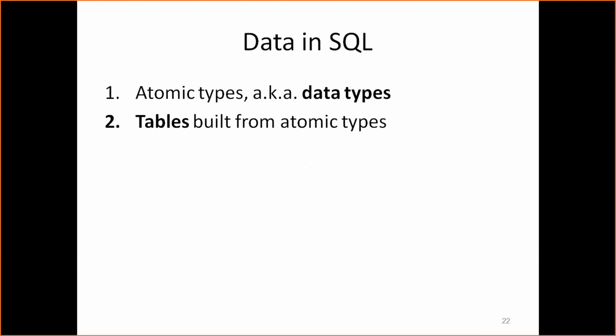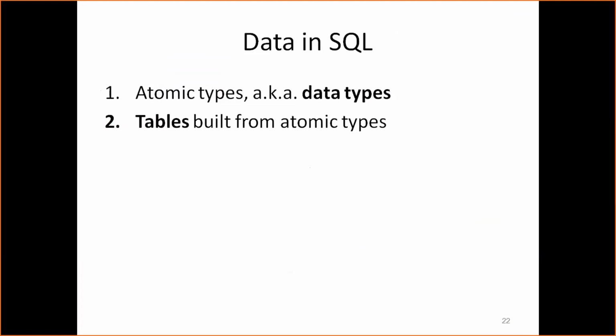A cell means a row and column intersection. In one cell you cannot have a combination of values. The value inside a cell must be atomic, meaning you cannot subdivide that value any further. Again, all the values in a column belong to the same data type, and SQL supports different data types.